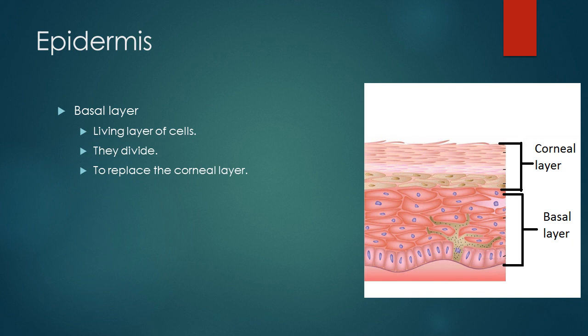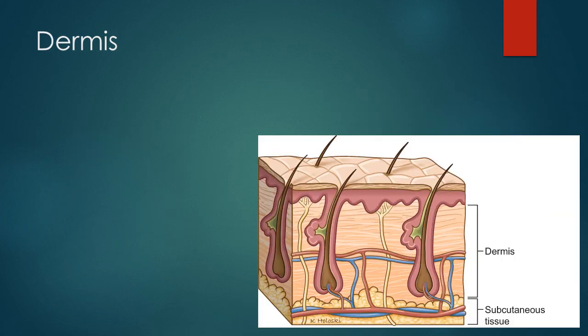They divide so they can become dead flat cells. So together they're the epidermis, and actually the corneal layer is the only one protecting, but the basal layer is to replace the protector. And that together is the epidermis, protecting the deeper skin layers.